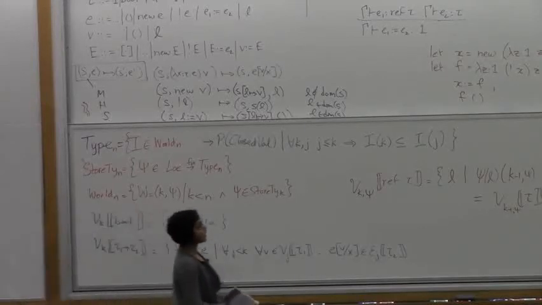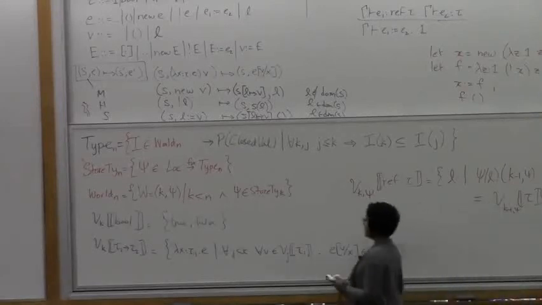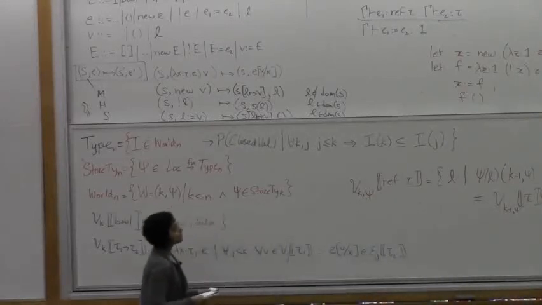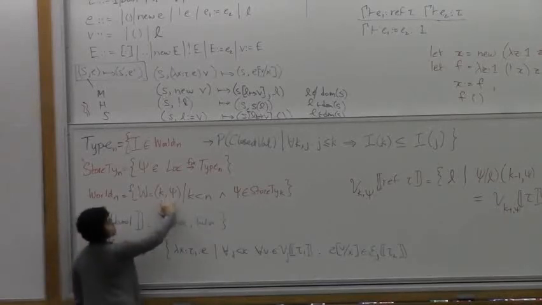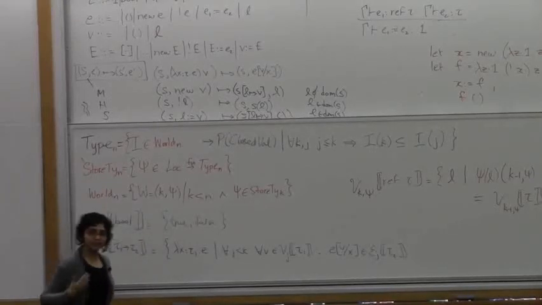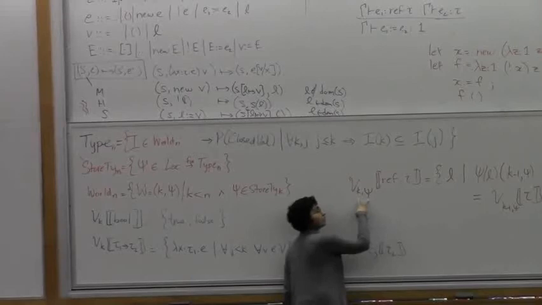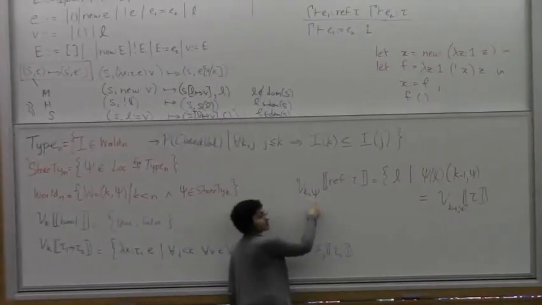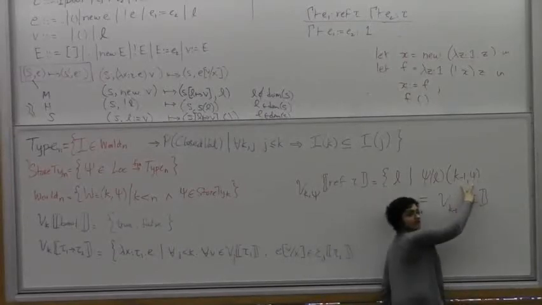Okay, so now let's go back and look at this. What was I trying to do over here? Well, remember we just said that worlds are well-formed if whenever you have a k here, this psi has to be drawn from store type k. So we start out with a well-formed world. Psi belongs to store type k. We have a k here. But this isn't quite right.